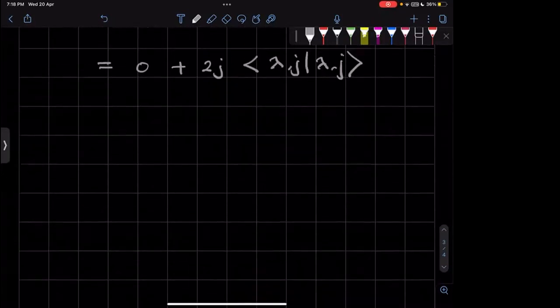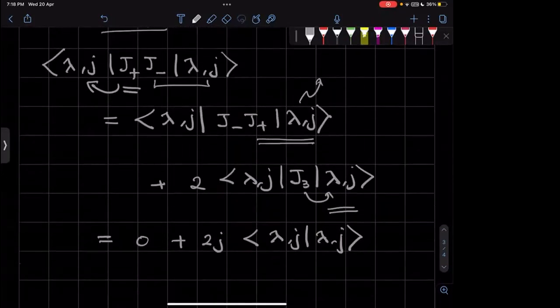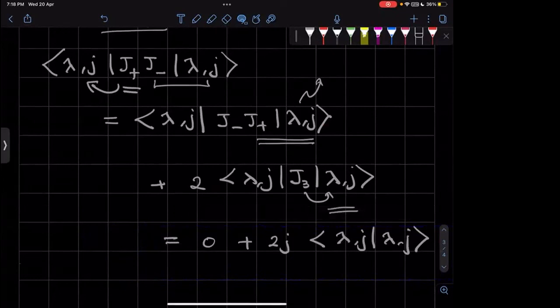Let me make some space here. So on the left-hand side, from this thing, I will get CJ star, and from this thing, I will get CJ.